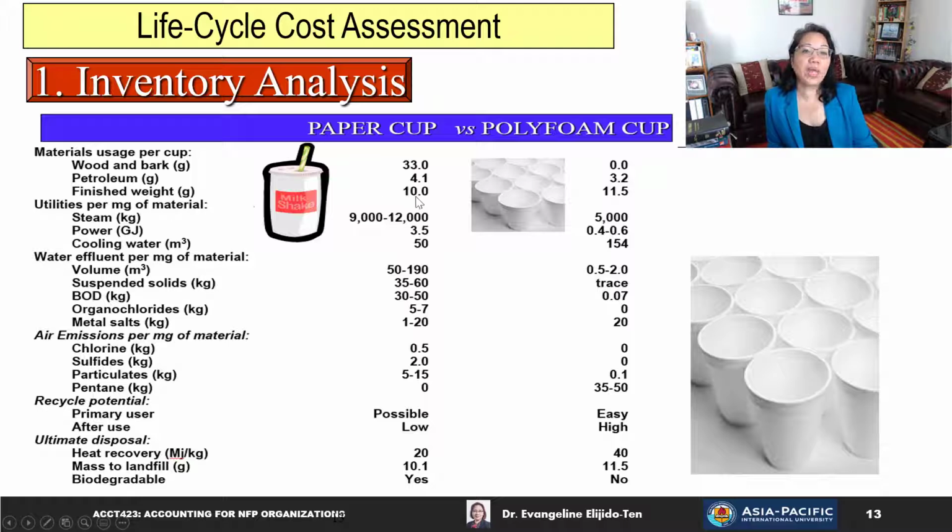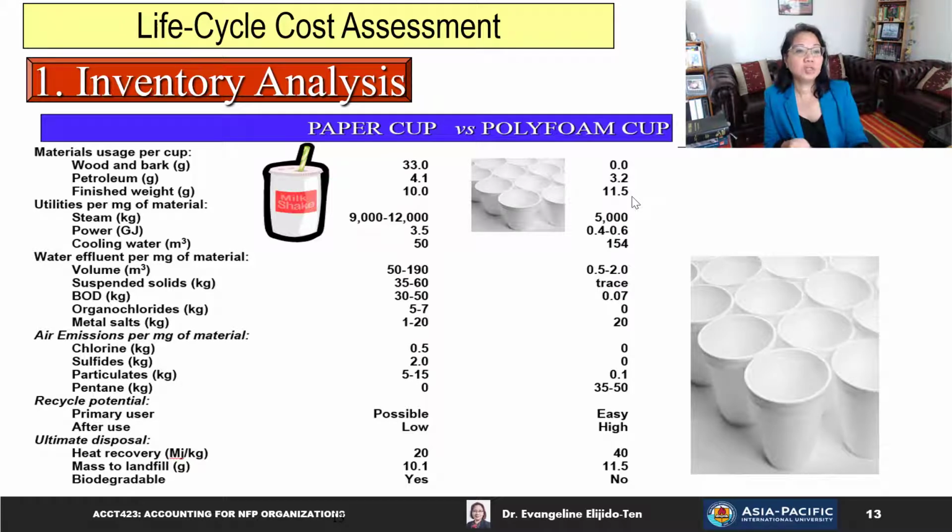So the finished weight is 10 grams for paper cup and 11.5 for polyfoam cup. Well, obviously the heavier, the more weight it has, the more land waste there will be, the more it will become a solid waste and will be put into the landfill later. So the less, the better.